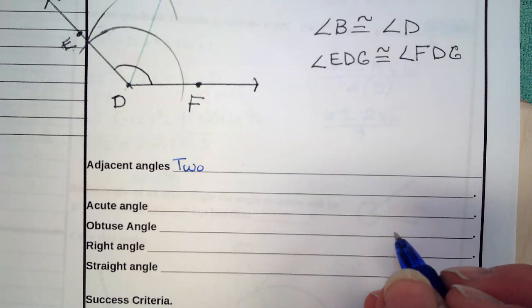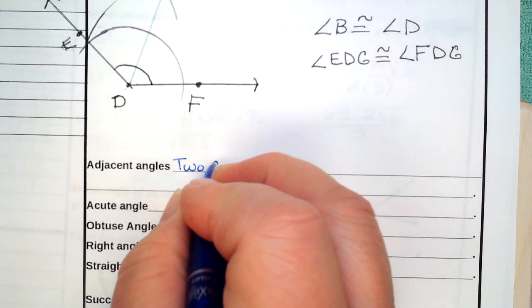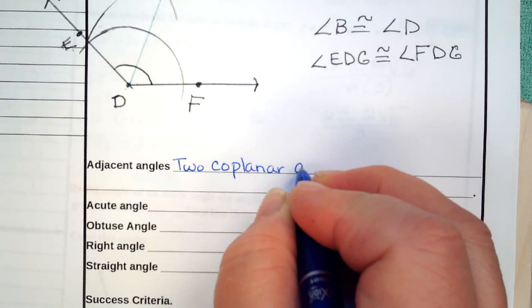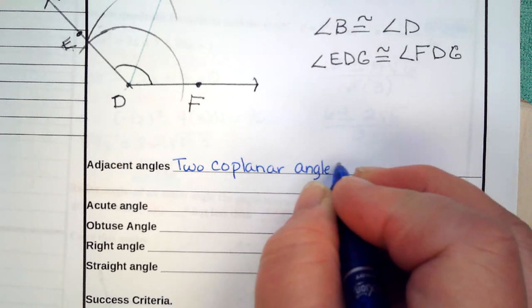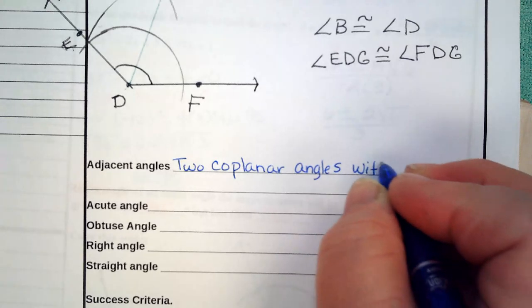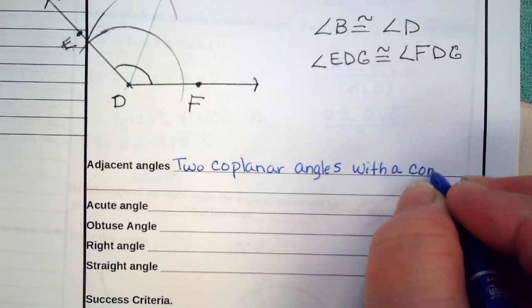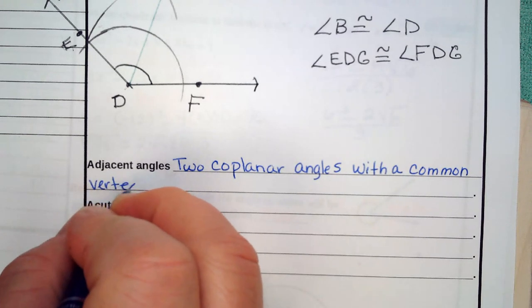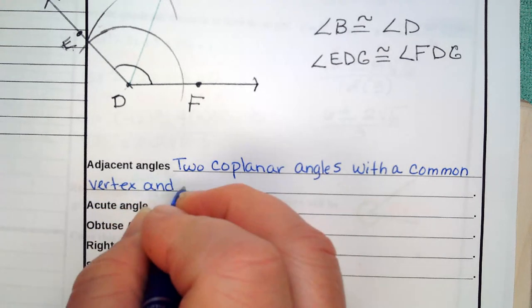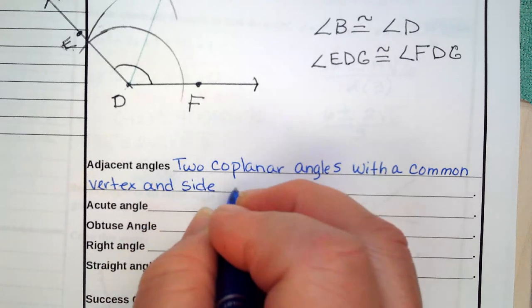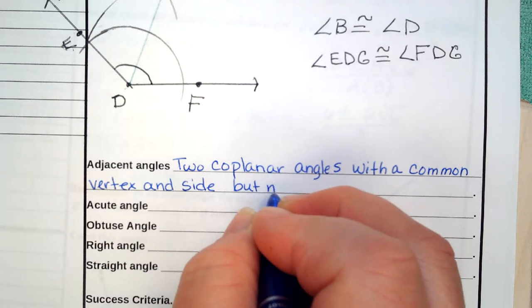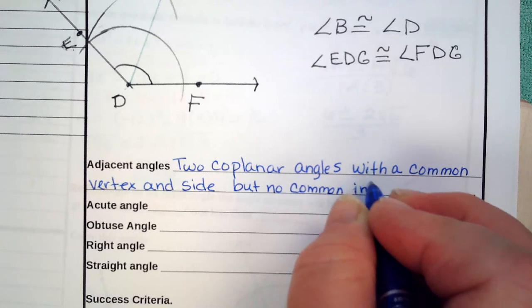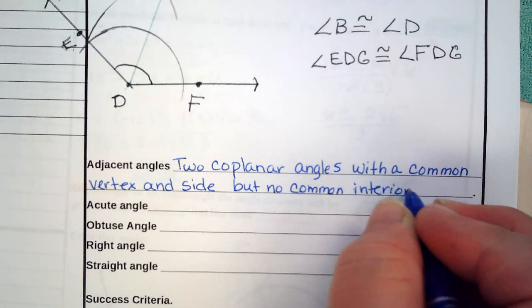So in the same plane means coplanar. So two coplanar angles with a common vertex and side, but no common interior points.